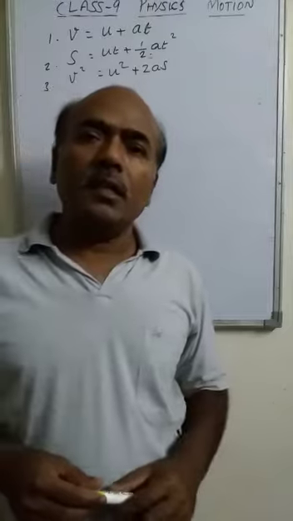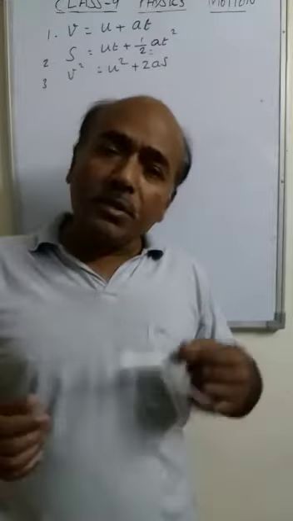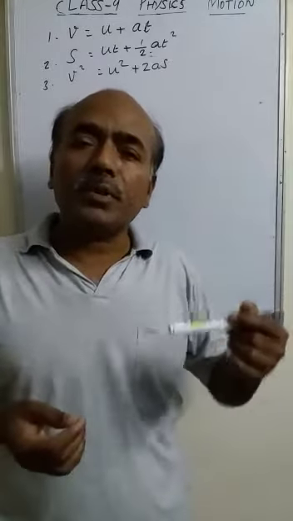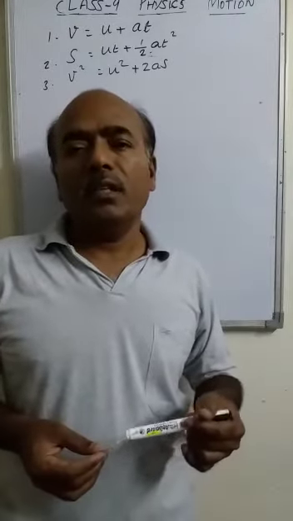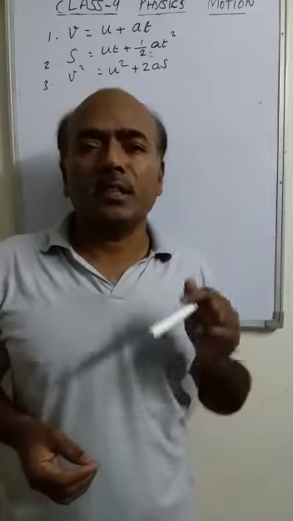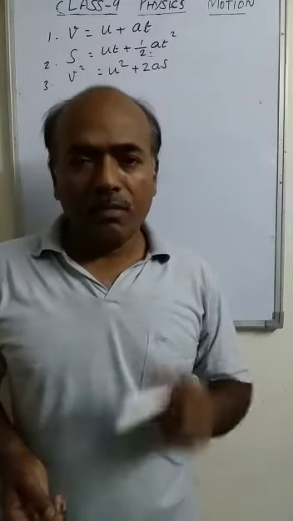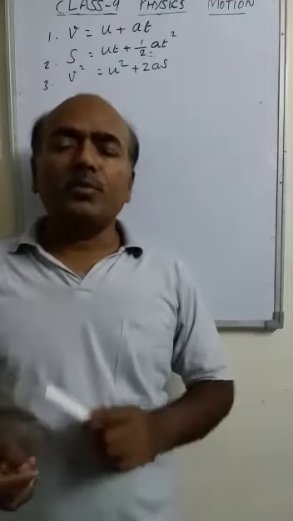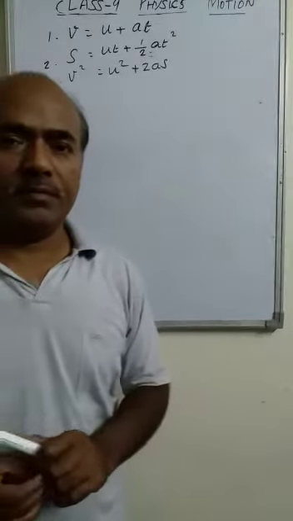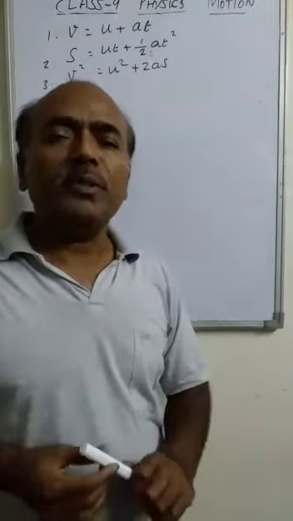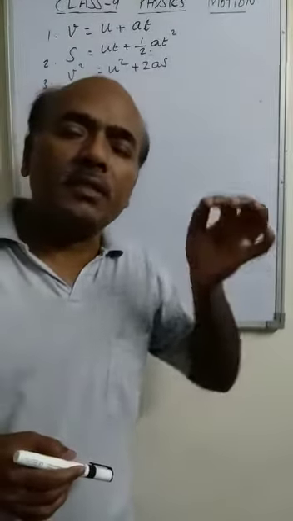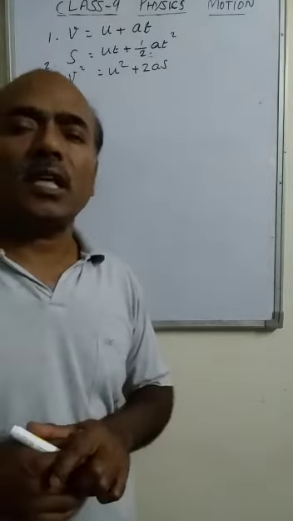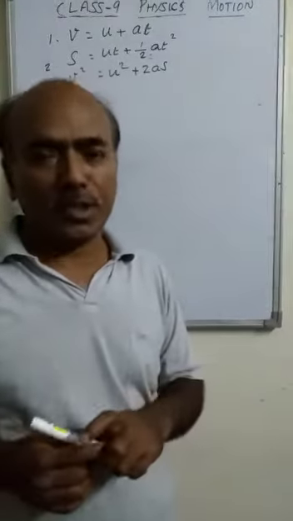But in natural processes also, uniformly accelerated motion occurs. An example is any object moving under gravity. Whenever any object is moving due to the gravitational force only, that motion is always uniformly accelerated motion.